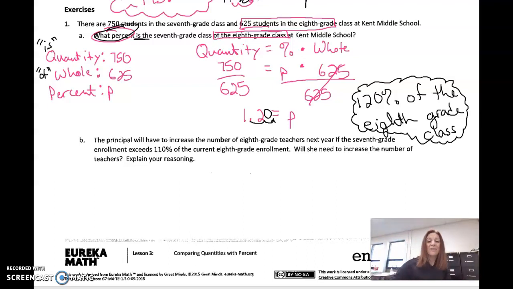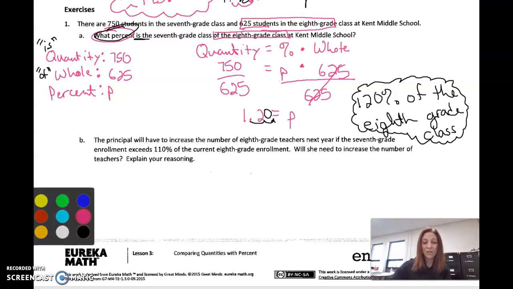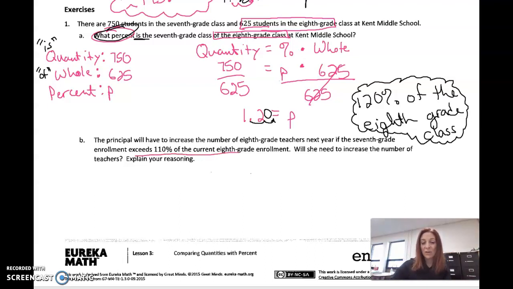So the principal is going to have to increase the number of 8th grade teachers if the 7th grade enrollment exceeds 110% of the current 8th grade enrollment. Will she need to increase the number of teachers, and explain your reasoning? Well, the threshold here is 110. Is the next year's 8th grade class going to have more than 110% of this year's? Yes.